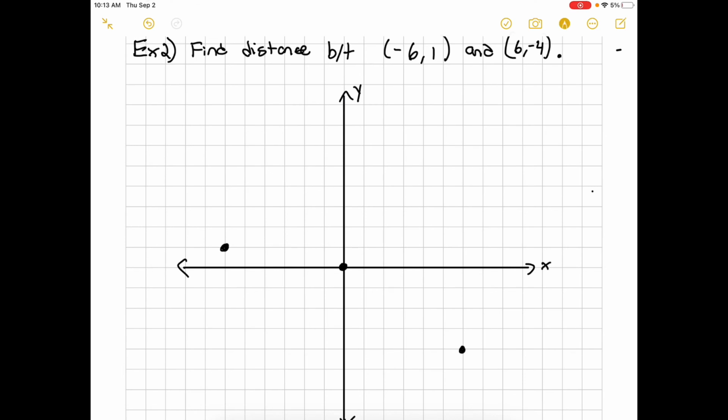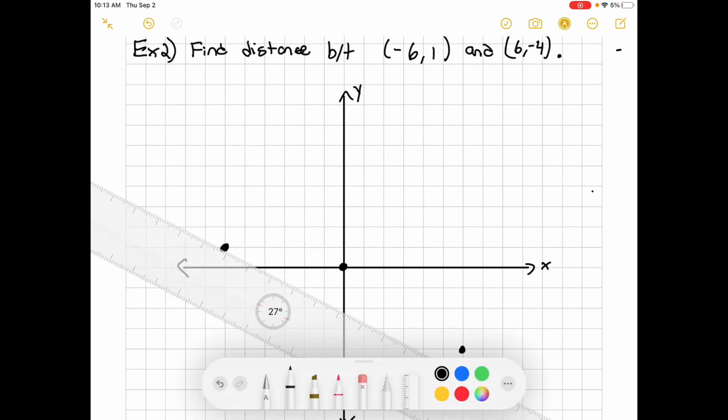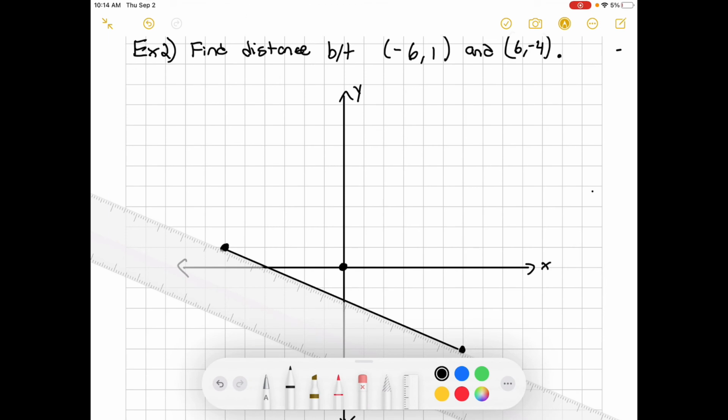Here's another point. Okay, so let's find the distance between those 2 points.